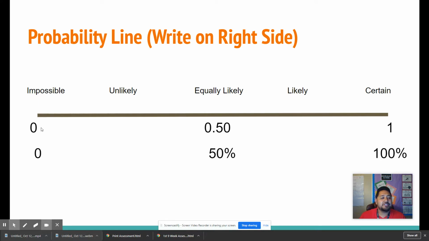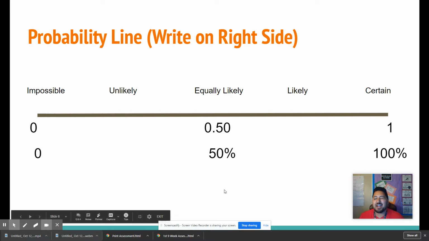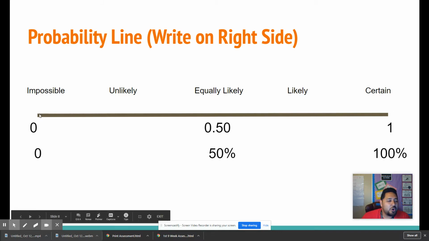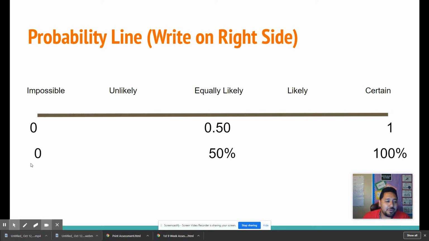And then something that's 0% likely is, let's say, the sky will show up green tomorrow. That is 0% likely because we know the sky usually shows up blue. Okay, so it's almost impossible. But nothing can lie out of this spectrum.